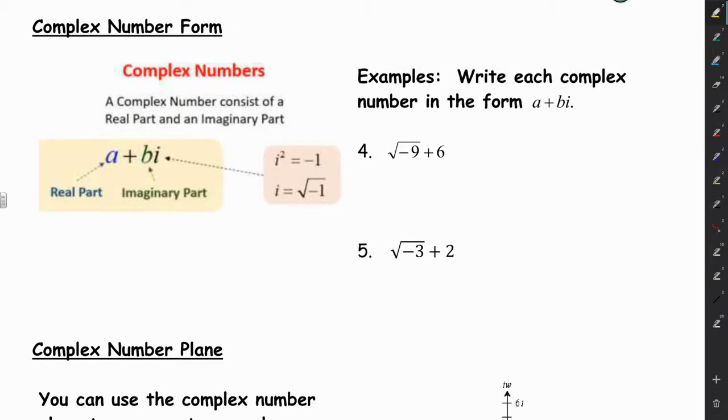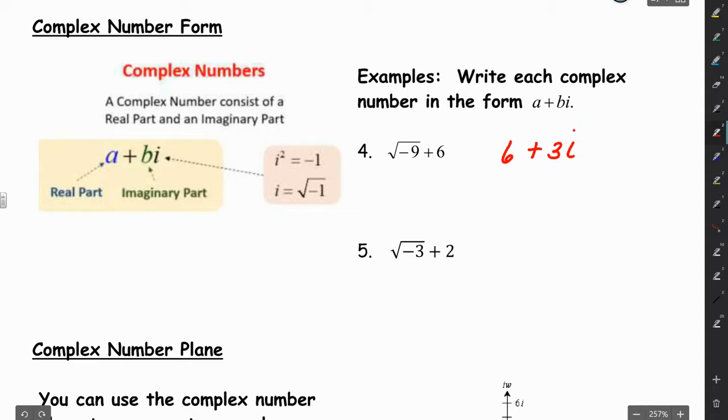Now, most of the time we like our complex numbers to be in the form a plus bi. All that means is that we're going to put the real part first and the imaginary part second. So let's look at some examples. Well, we have the square root of -9, and the real part of the number is 6. So 6 is going to come first, and the square root of -9 can be written as 3i.